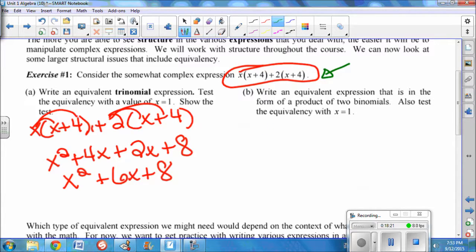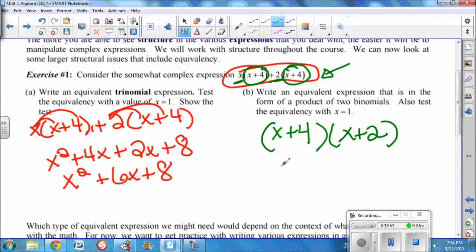Could we write that as the product of 2 binomials? So what do we see here? What's in common with these? I see x plus 4 is in common. That's a greatest common factor. Wow. And then what's left over? x plus 2.